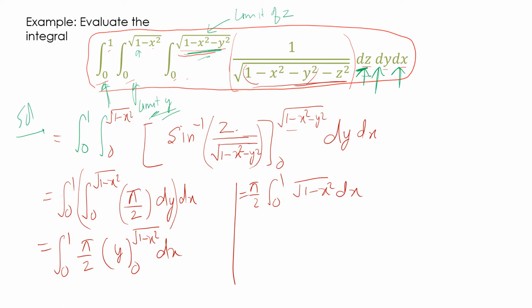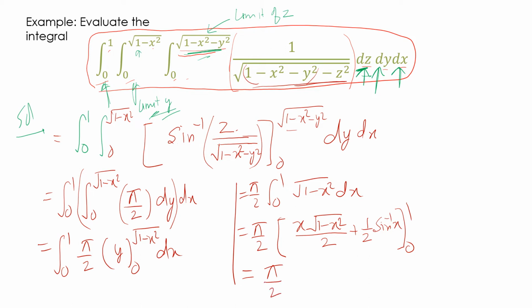And the integration of root 1 minus x square, we write x root 1 minus x square by 2 plus 1 by 2 sine inverse x, limit 0 to 1. So when you apply the limit 0 to 1, pi by 2 is outside, we get pi by 4. So we get pi square by 8.